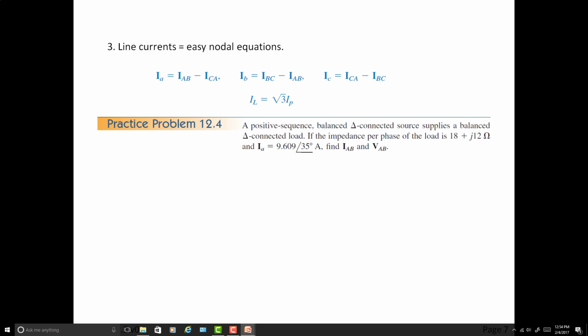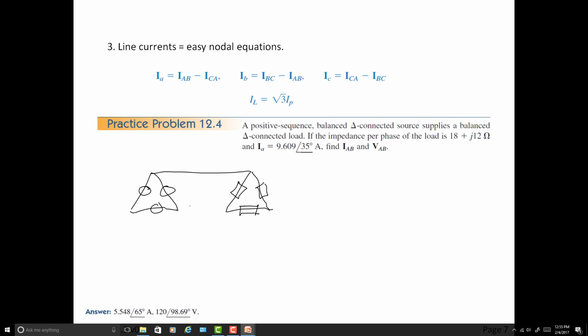So let's solidify some of this with practice problem 12.4. We've got a positive sequence, balanced delta source supplying a balanced delta load. So here we are down here. I'm just going to speed up the drawings a little and just draw 2 deltas. We know there's the loads on here, and here are our sources.